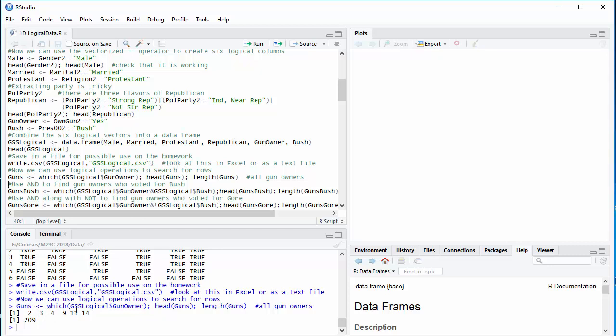Individuals 2, 3, 4, 9, 11, 14, and so on own guns. And since the length of the vector guns is 209, we know we've got 209 gun owners in our database.